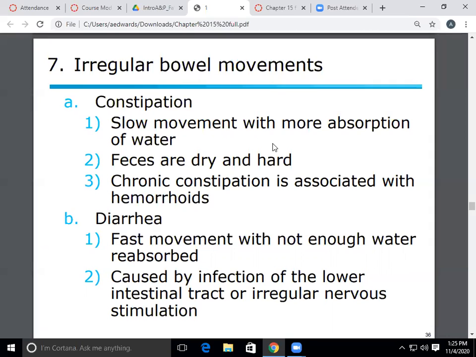All right, diarrhea, moving fast because you're not absorbing enough water. Okay. It can be due to an infection in your lower intestinal tract. Could also be due to some irregular stimulation from your nervous system. All right, but constipation, you get too much water absorbed, diarrhea, not enough water absorbed.